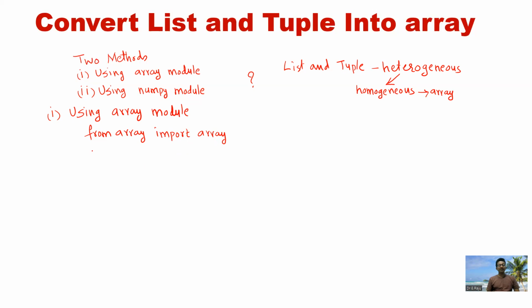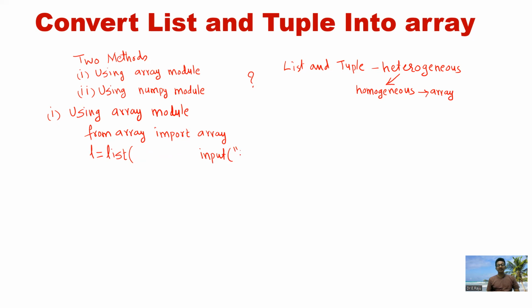What we do is we read the list and tuple from the keyboard. Then I create a list variable called L, which reads a list of elements. How to read? We use the input function to read elements from the keyboard.